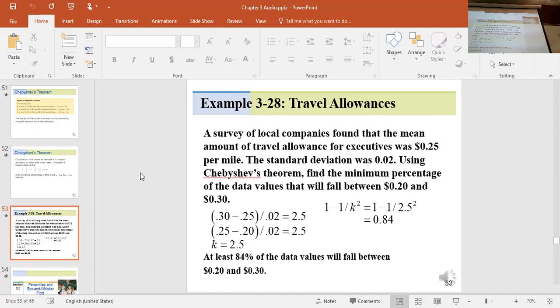And what is 5 over 2? 2.5. If you do the same here, you are still going to get the same. So k equals 2.5. So this will be 1 minus 1 over 2.5 squared. 2.5 squared is like 6.25. Check that.